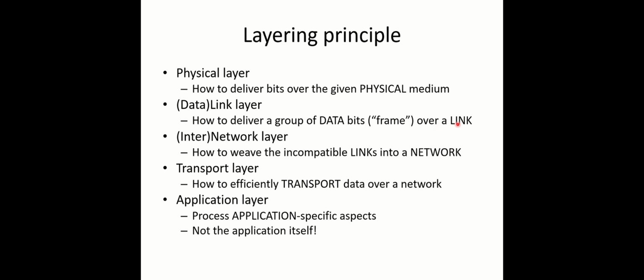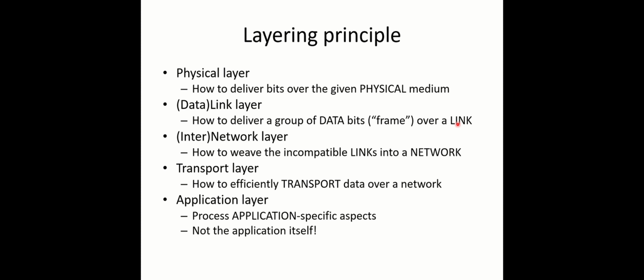A link is a logical connectivity between 2 machines without a third machine coming in between them. So if you're using Wi-Fi, your smartphone talks to the Wi-Fi access point, and there's no machine in between. So that's what we call a link.